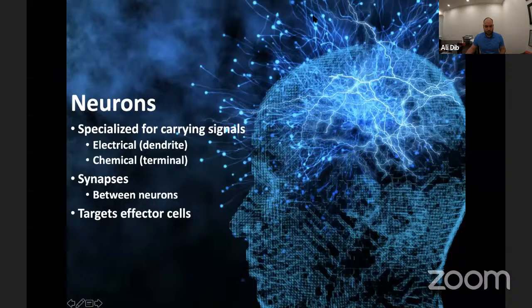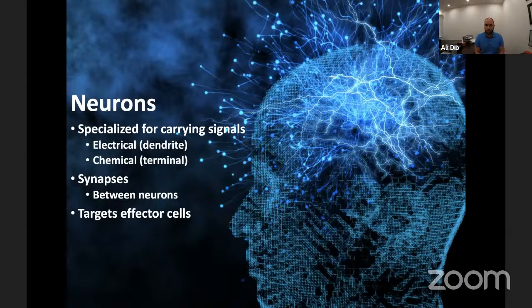So neurons. These are specialized for carrying signals from the brain and spinal cord to the rest of the human body, and then back from the rest of the body to the spinal cord and into the brain. They operate both electrically and chemically, as we're going to talk about later.